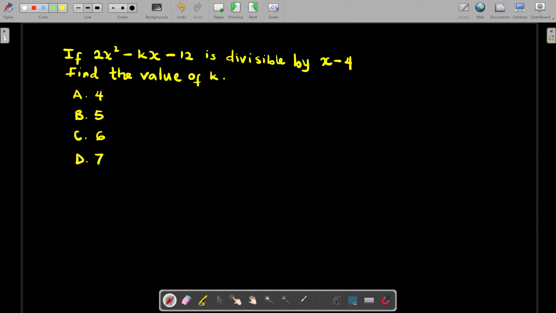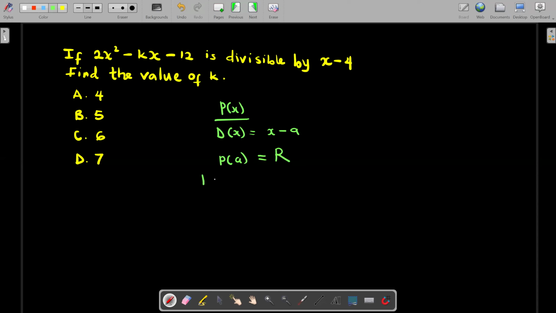The remainder theorem states that, let's say we have a polynomial p of x divided by a polynomial d of x, let's say in this case d of x is x minus a. The remainder theorem states that if you substitute a into the polynomial p of x, you are going to get the remainder. This is called the remainder theorem.